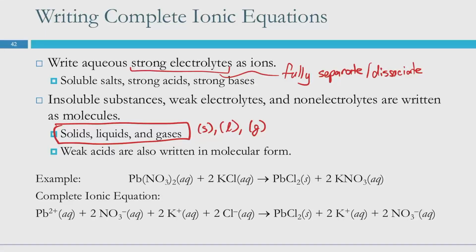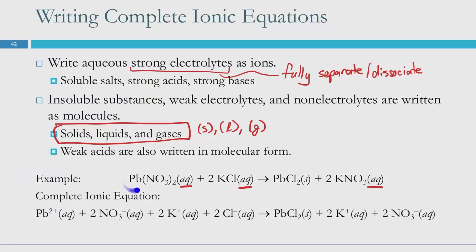For example, we've got lead 2 nitrate reacting with potassium chloride to form lead 2 chloride and potassium nitrate. For our complete ionic equation, we're taking everything that's AQ, which is most of it, and we're separating those into their ions.